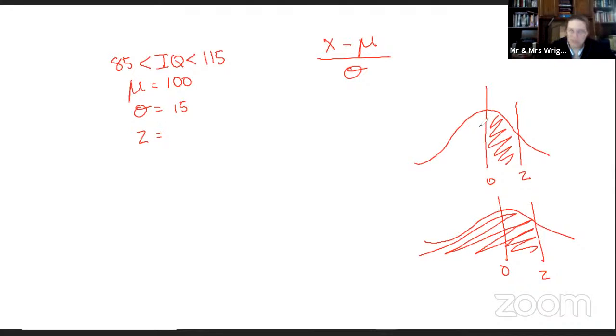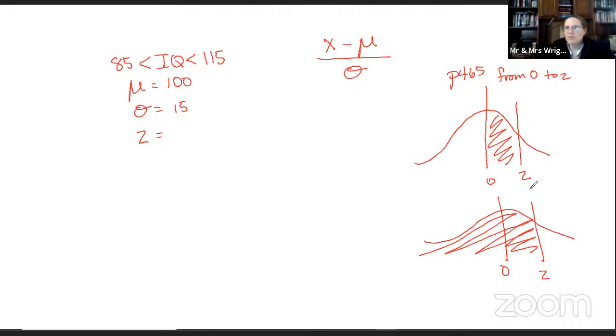It's found on page 465. 0 is in the center, if your z-score was 0. From 0 to whatever you look up is what's colored in. The number it gives you is a decimal, and it translates to the percentage of the population that fits in this part of the curve.